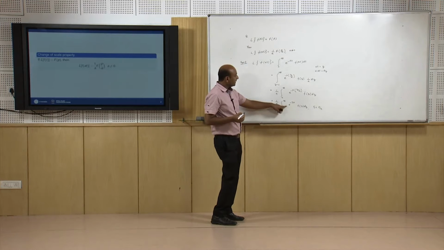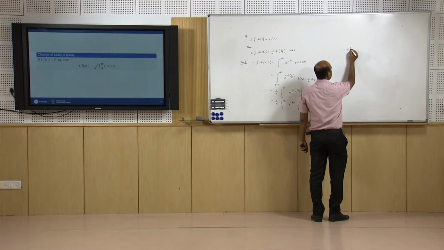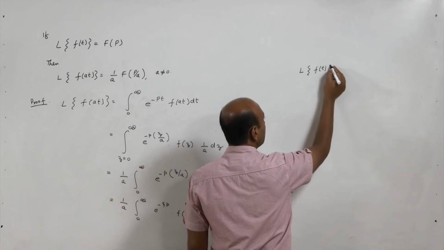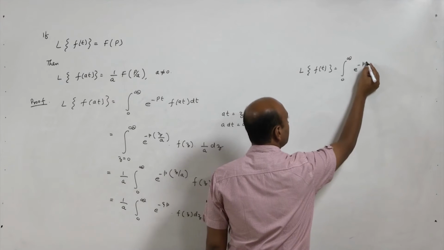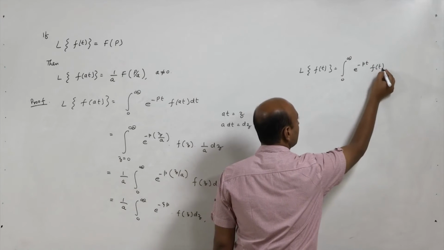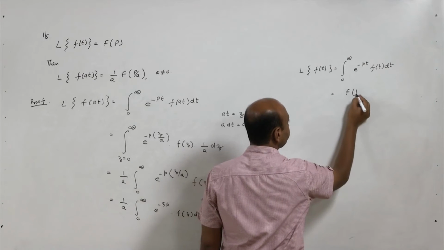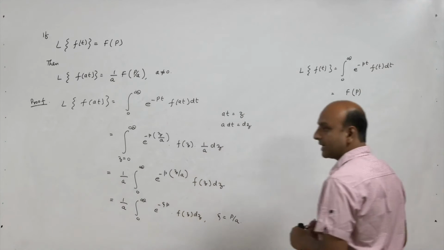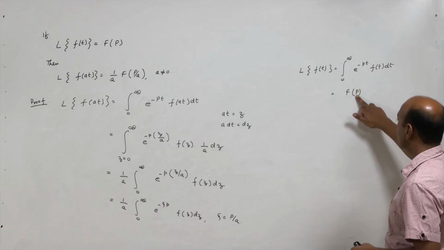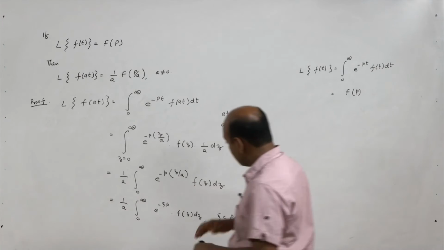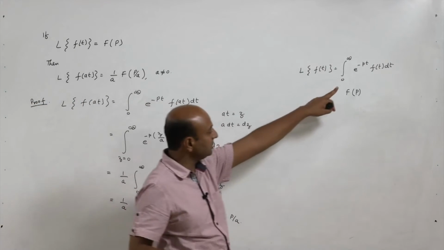Now, compare this with the Laplace transform of f(t), which is given by the integral from 0 to infinity of e^(-pt) f(t) dt, and this we call F(p). We call it F(p) because p is a parameter, so it is a function of p. Here it is the same thing as in this expression.